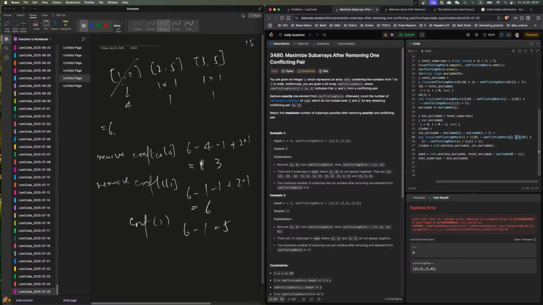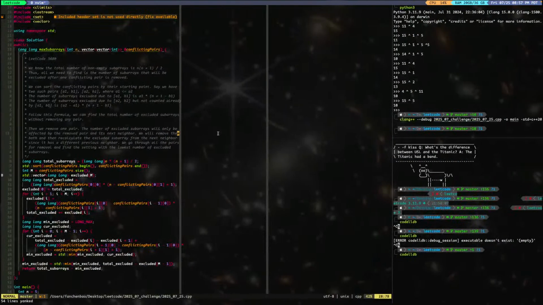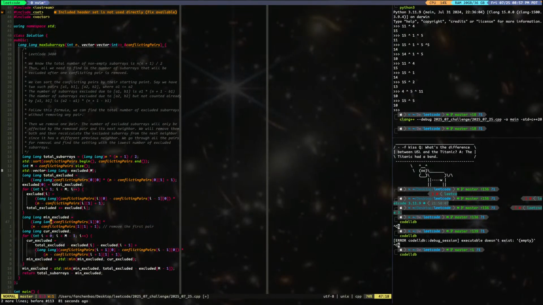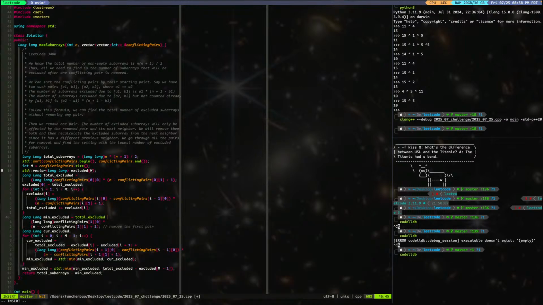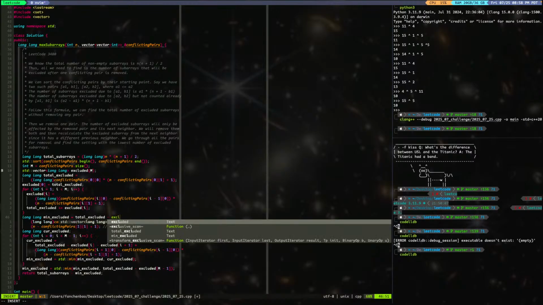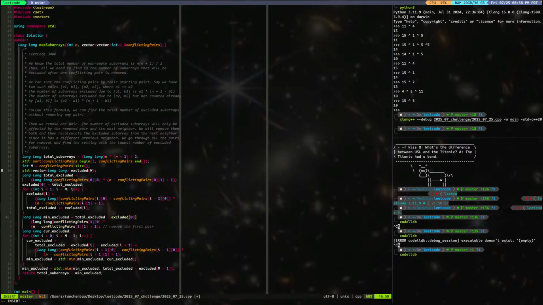Oh, I do have a -1. Oh, so. Alright, no, that's undo. Oh, I mean, that's fine. So essentially, what we are saying is this has to be total excluded minus excluded 0 minus excluded 1 plus this.